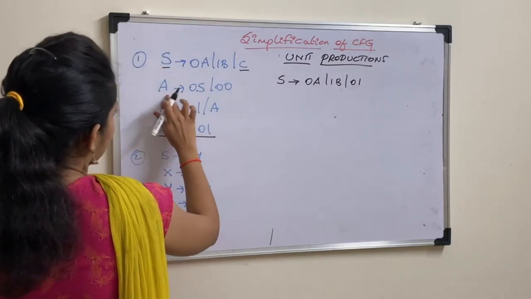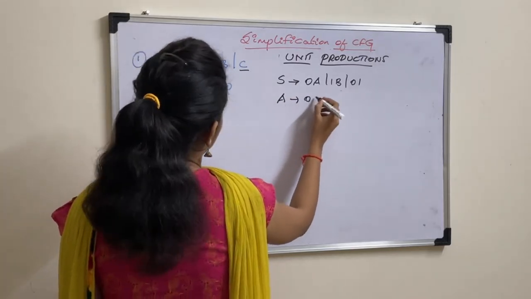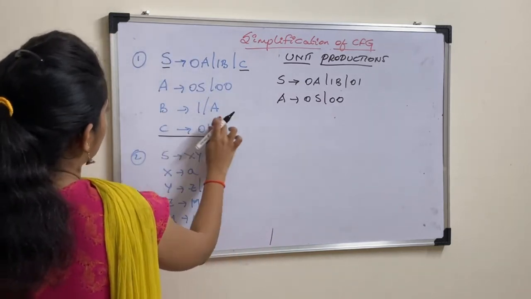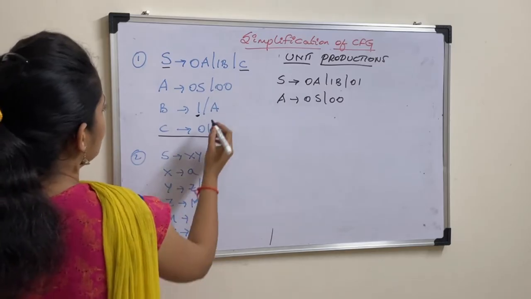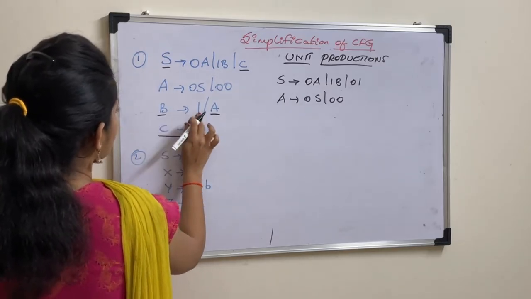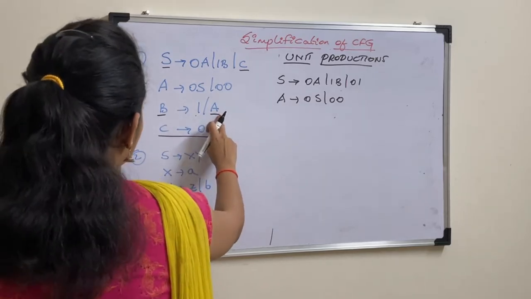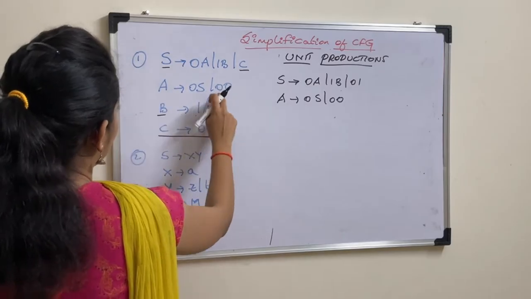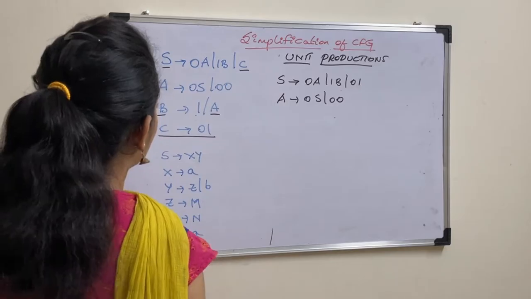Okay. Next check the second production. There are no unit productions. Next, the third one. Here B derives a terminal symbol, so no problem. Next, this is a unit production again. B derives capital A. So check whether there is any production with A. Yes, we have a production with A. So you need to replace this A with these two productions.